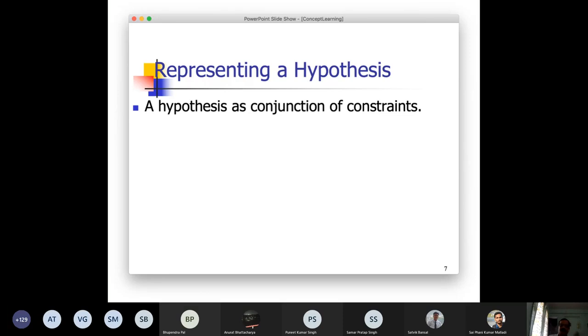It is a conjunction of constraints. What does it mean? The literals are formed from the attributes and a value from the attribute domain with the equality operation. So attribute equals some value. That is your Boolean literal, your variable here.